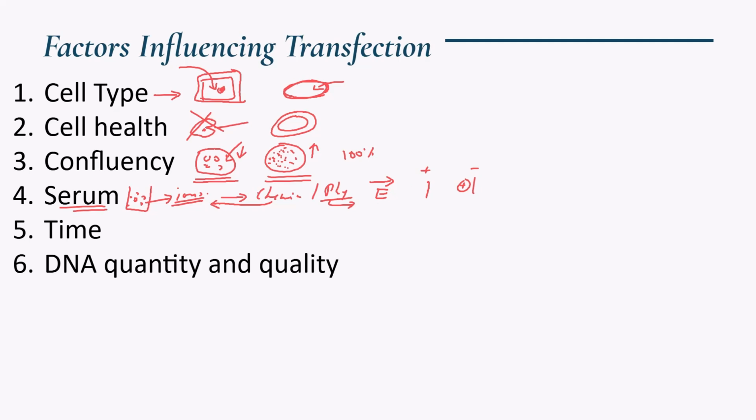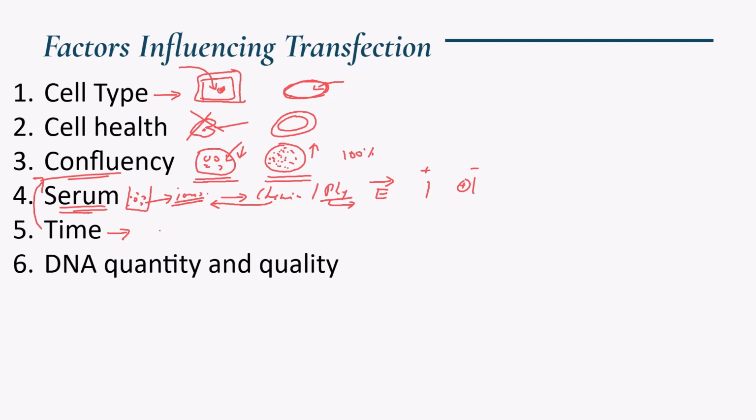So whatever transfection method we use, we have to make sure that the serum component is not getting affected. Now, time is required for the cells to reach the confluency. To reach the confluency, time is required, 1.